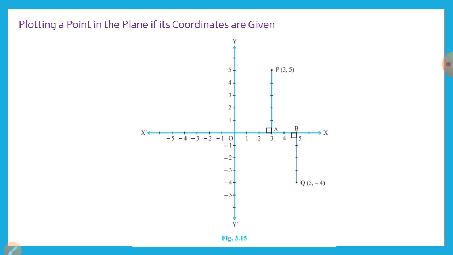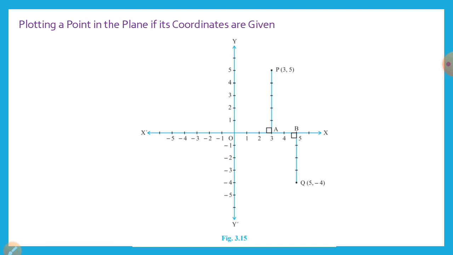Now the part is plotting a point in the plane if its coordinates are given. Up till now we have drawn the points for the question and been asked to give their coordinates. Now we will show how to place these points in the plane if we know its coordinates. We call this process plotting the point.